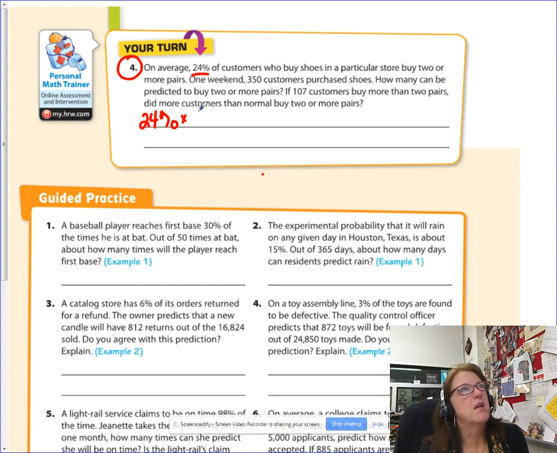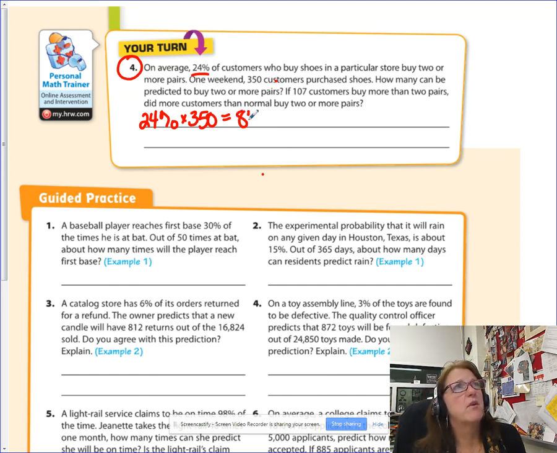350 customers came through. So I'm going to calculate using this data what my number would be. All right. Their manager, or actually what they got was 107. So as we're predicting, we're going to take 24% of that 350.